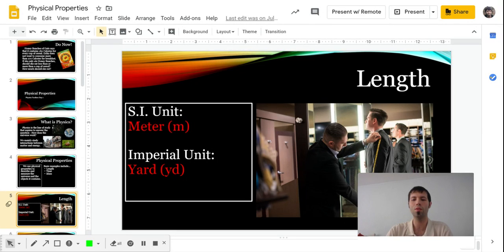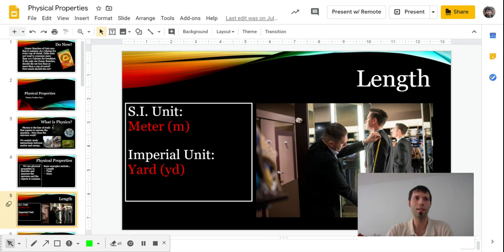So there are two units that you see on your screen for length. There's the SI unit, which is the meter, and the imperial unit, the yard. Before we talk about those two units, SI stands for International Standard.